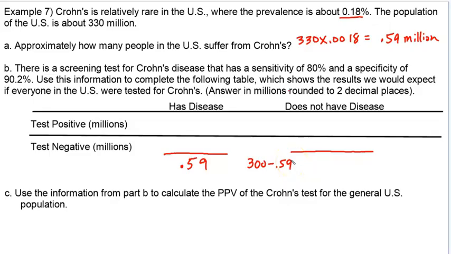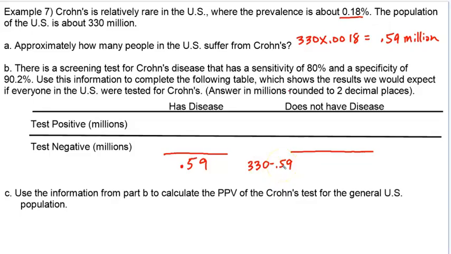Well, thinking about this logically, if 0.59 million have it, then 300 minus 0.59 million do not. All right, so just doing some subtraction here, and we would get 299.41. Sorry, I said 300 million, but it's actually 330. Sorry about that.